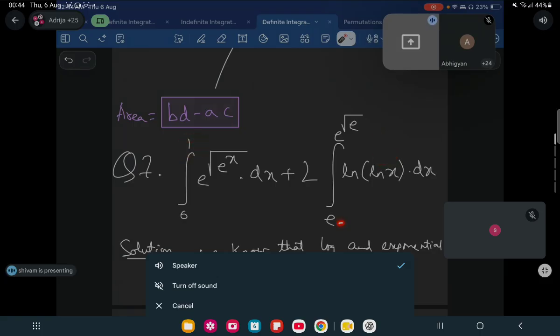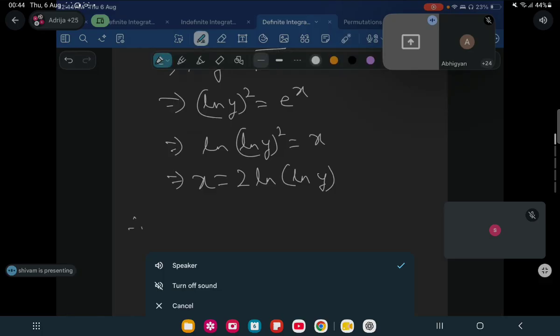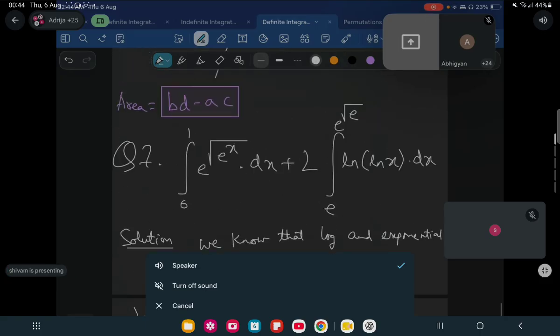And when you substitute e, ln e is 1, ln 1 is 0, you'll get 0 over here. So your integral will be equal to BD minus AC. That is e to the power root over e minus 0 into e.